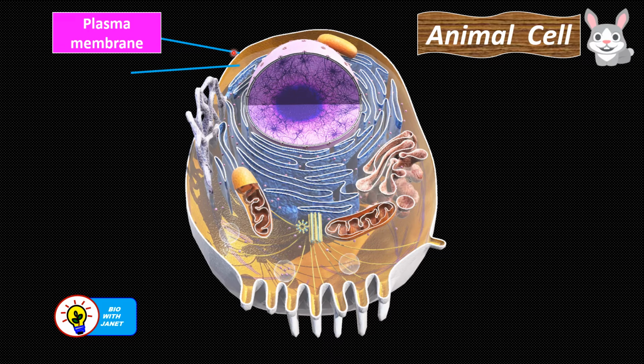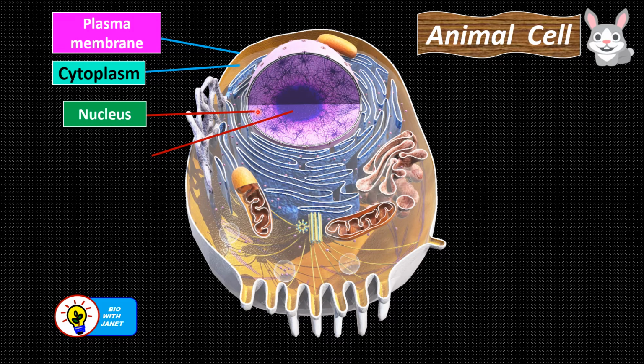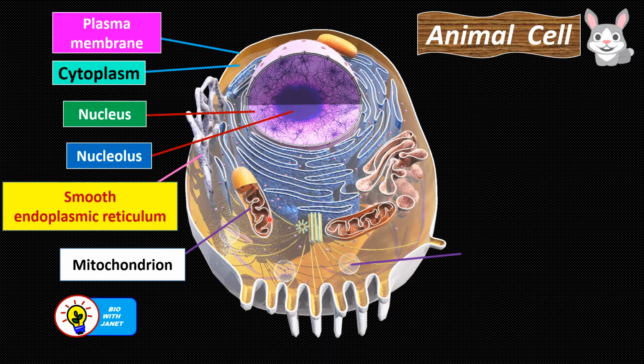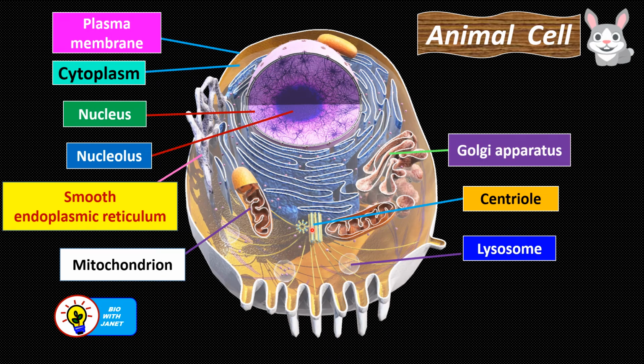Plasma membrane, cytoplasm, nucleus, nucleolus, smooth endoplasmic reticulum, mitochondrion, lysosome, centriole, Golgi apparatus, and lastly, tiny ribosomes.